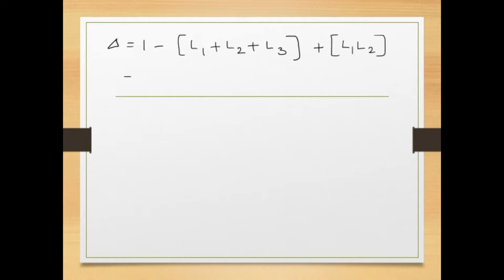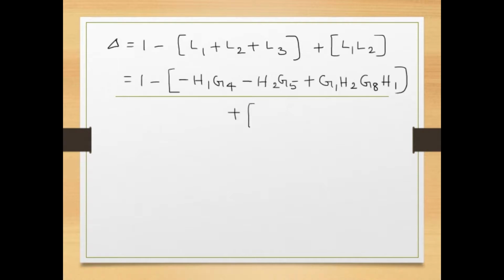Expanding this, 1 minus, where L1 is minus H1 G4, L2 is minus H2 G5 and L3 is G1 H2 G8 H1, plus L1 L2 combination, H1 G4 H2 G5.